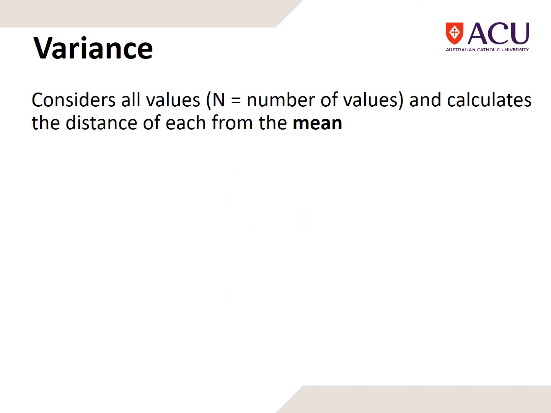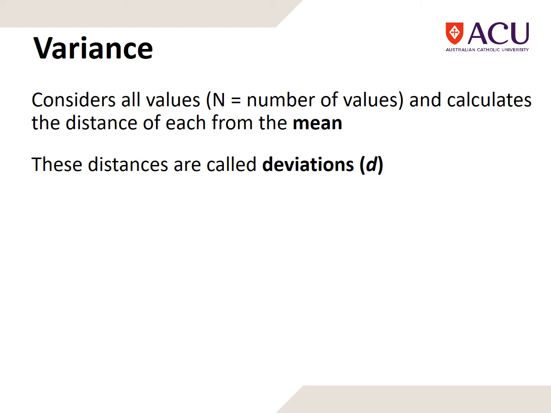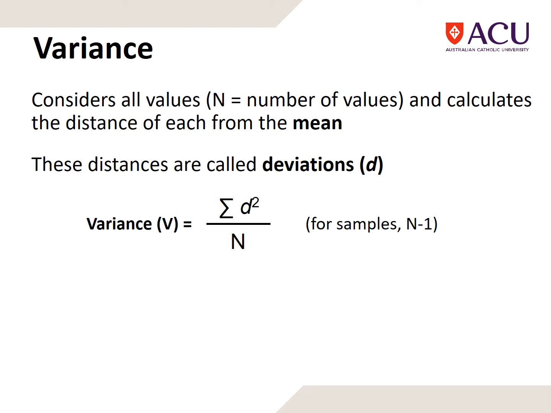Specifically, variance is a measure of variability that considers all the values and calculates the distance of each from the mean. These distances from the mean are called deviations. The variance is simply the sum of the deviations squared, divided by the number.